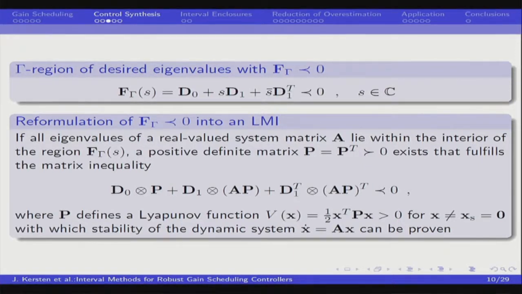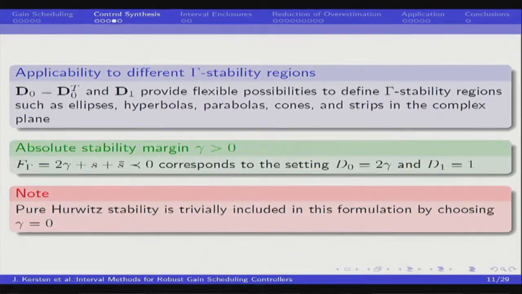So, as I said, we choose this representation of the gamma stability regions because the matrices D0 and D1 provide flexible possibilities for the gamma regions, so that we can not only state, for example, an absolute stability margin, but ellipses and hyperbolas and so on as well.